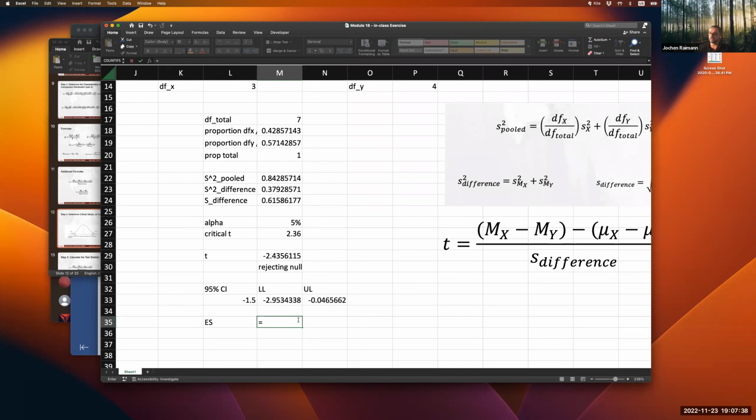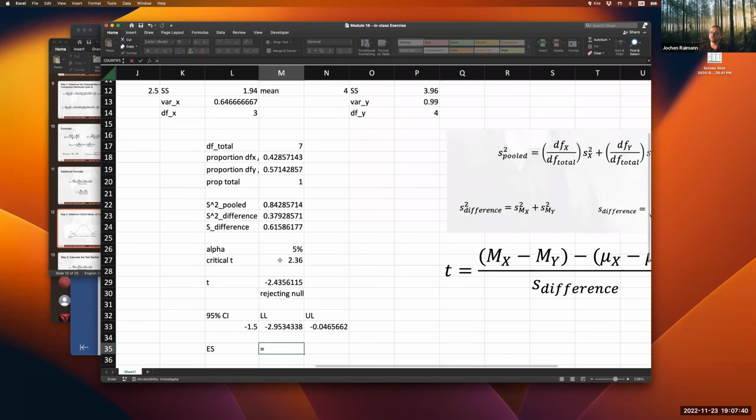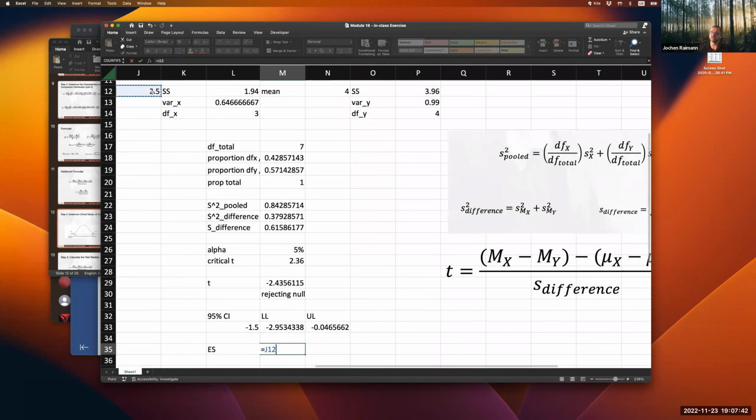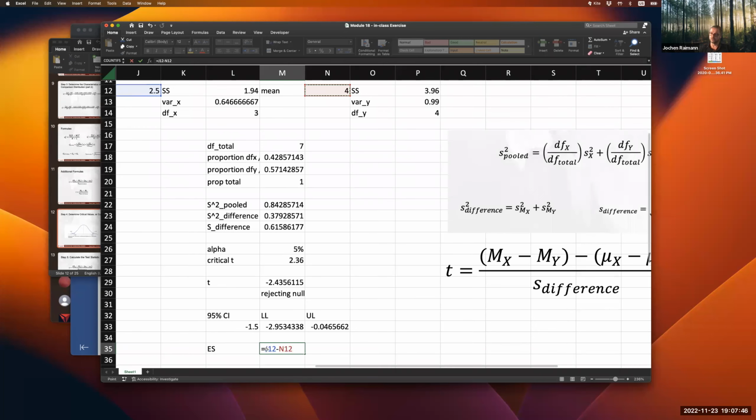Therefore, we have a calculation of the difference. So this minus this. We need to put this now into brackets. And 35 is now correct.